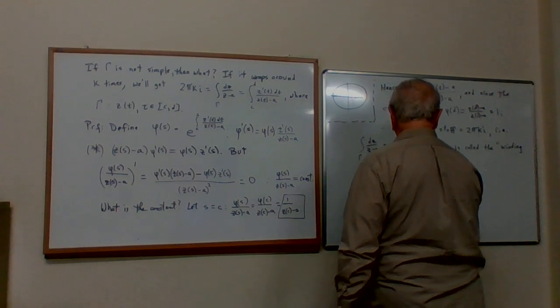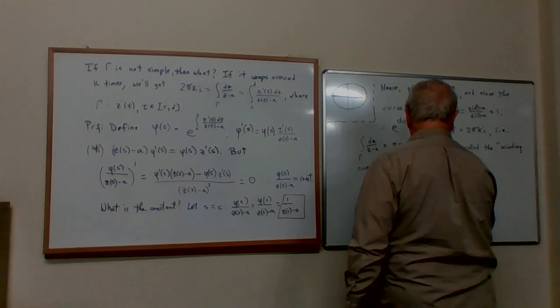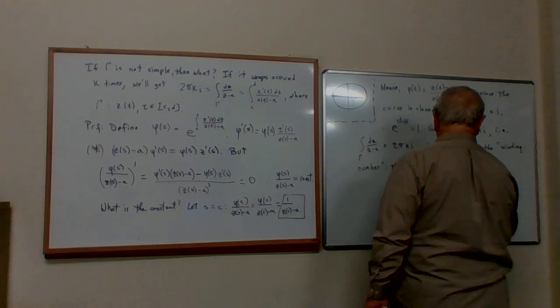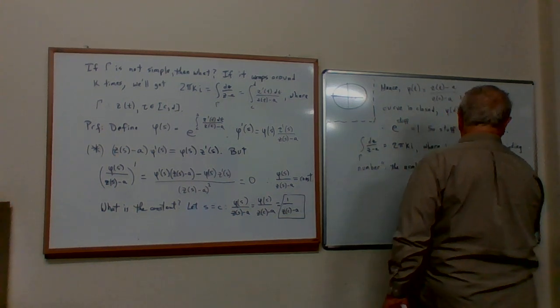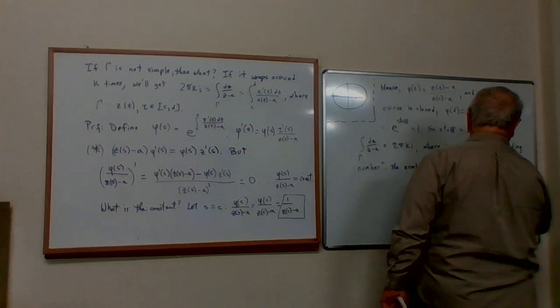The number of times the curve winds around A.